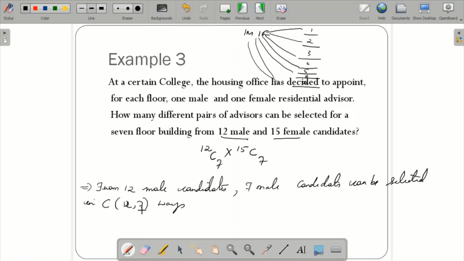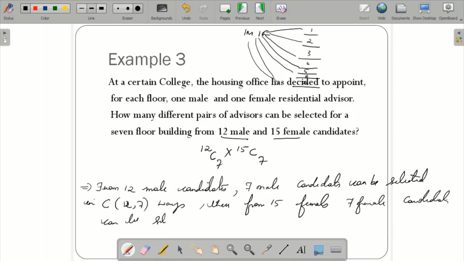We have 12 males and out of that we are going to choose 7. And then from 15 females, 7 female candidates can be selected in C of 15,7 ways.